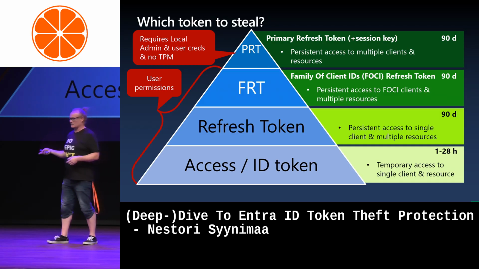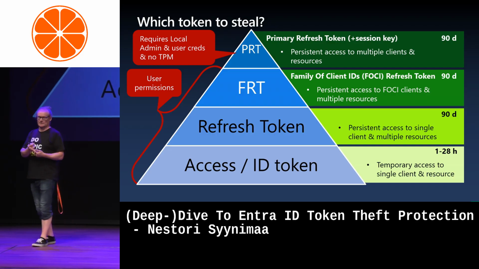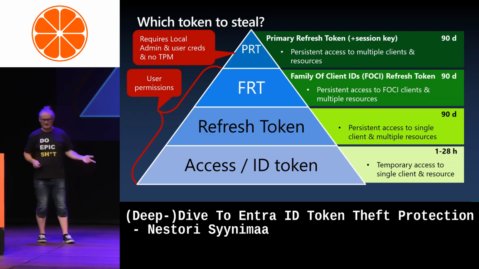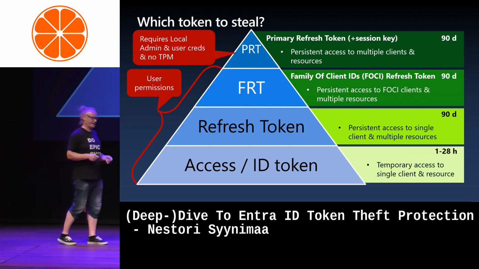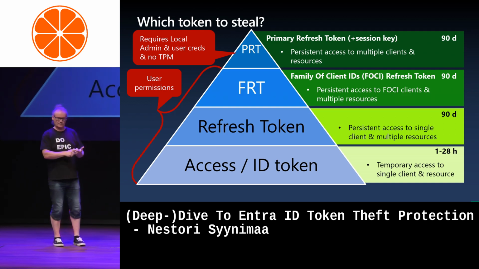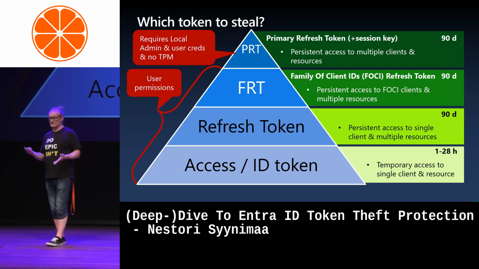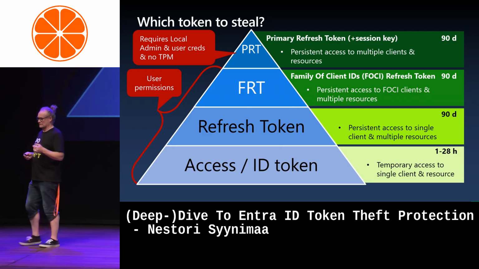Usually a refresh token only gets access to one client, but this is a little bit better. And finally, you have the access or ID token. That is the most restricted one. You have access to one resource using one client, and it's only valid for 1 hour typically, but it could be up to 28 hours, but I'll show it to you later.